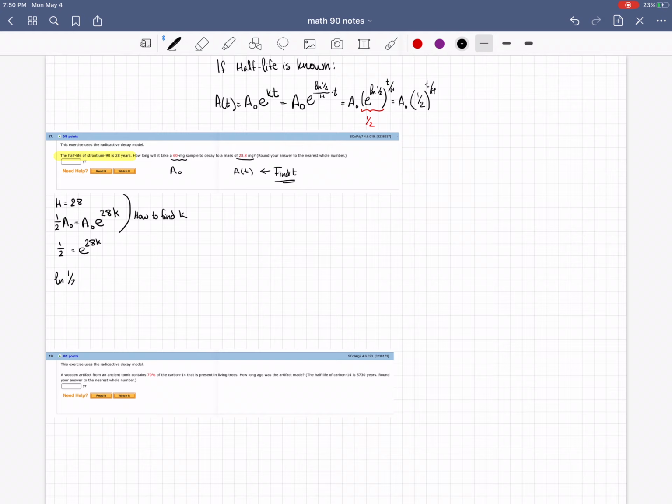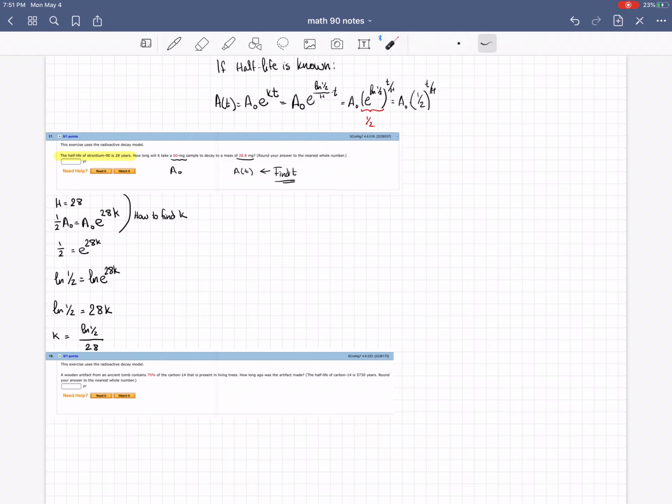You'd take the log, or in this case, the natural log of both sides. And I'm not going to go through this process again, but by properties of logarithms, the natural log of e to the power 28k is just 28k. So sure enough, k is the natural log of 1/2 over 28, right?